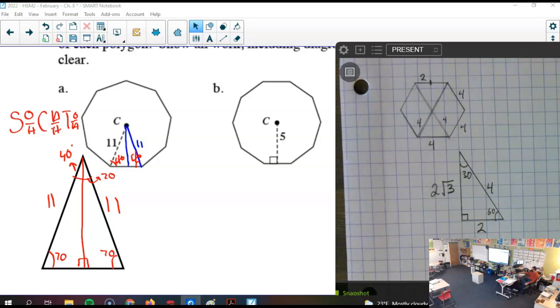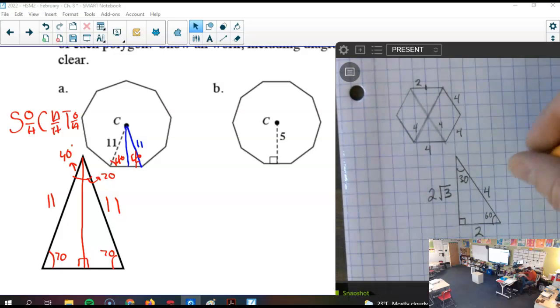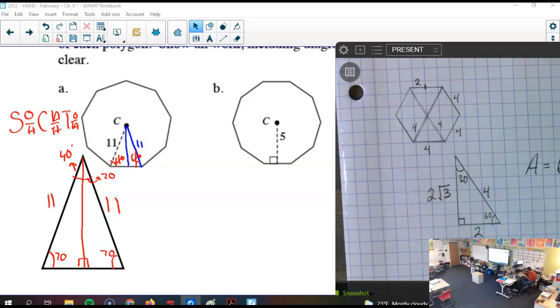What's 2 times 2 radical 3? It's just 4 radical 3, right? Yeah. So then that's 6.93, and then that times 6, right? Yeah.